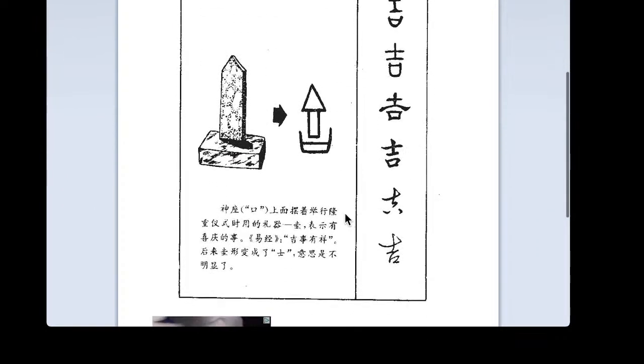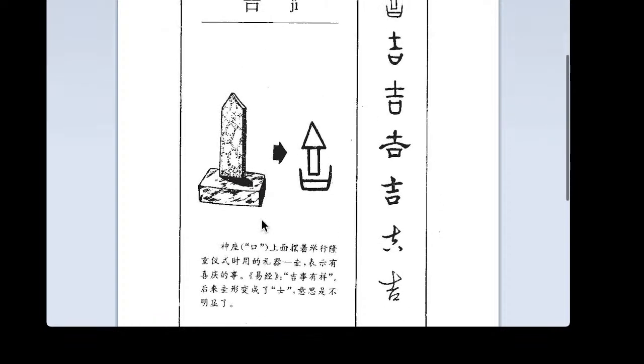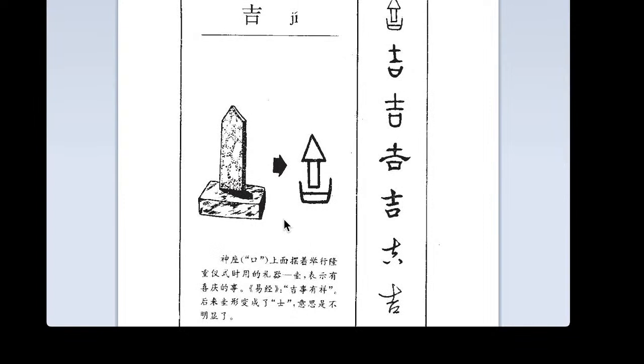Now this one you can see it looks like a 礼器. There's 龟. Okay, so this one is they literally draw a picture of how they celebrate in good time. Okay, when they have happy things, happy events like a wedding.